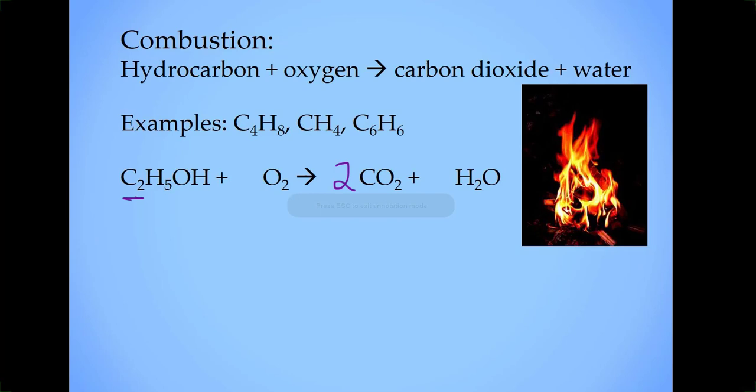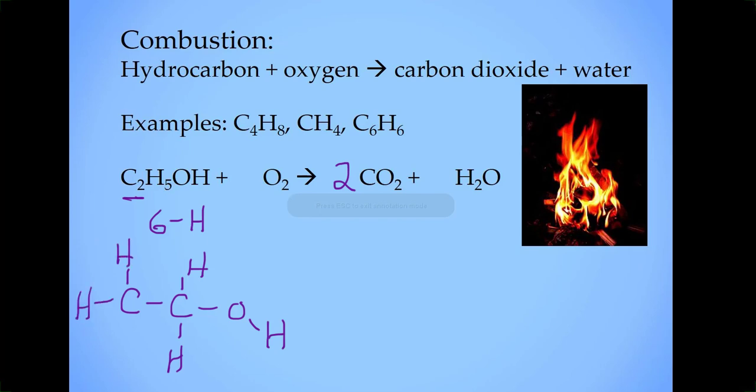Let's do our hydrogens. Over here I have 6 hydrogens. They're not written together because they write the formula to show what it looks like. And it looks like this. If I can sketch this out, this is an organic molecule.